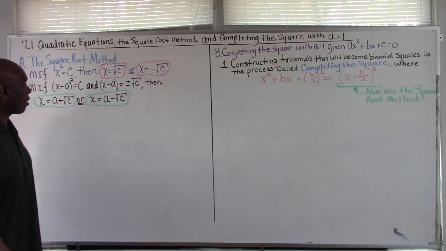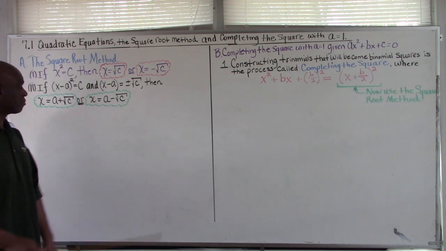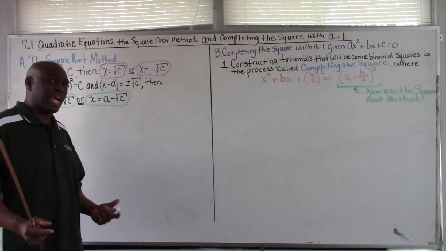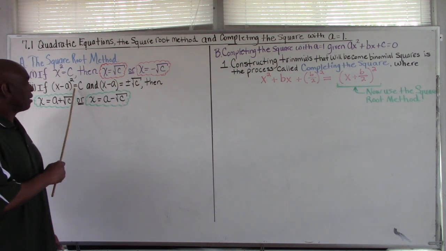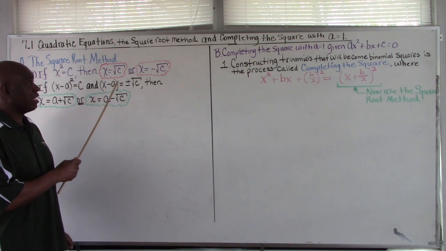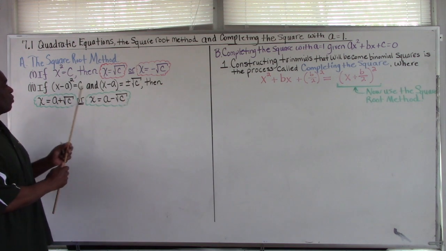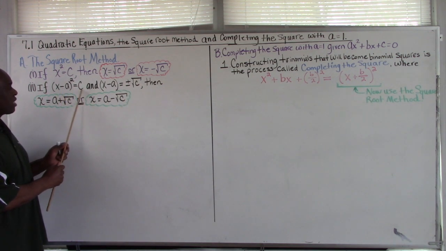Okay? Alright. Condition 2. If the quantity x minus a squared equals c, and x minus a equals plus or minus the square root of c, in essence all we did was take the square root of both sides here.